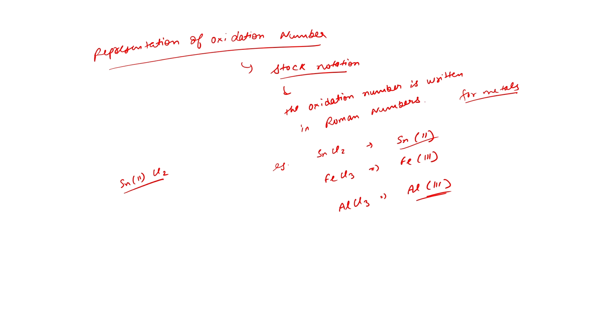Now, I will discuss briefly how to calculate the oxidation number of a few molecules, and you can exercise later on your own. One of the examples is CO3 2 minus. Now, you know oxygen is minus 2. So 3 oxygen carrying a minus 2 charge. Let us say I have to calculate the oxidation number of carbon.